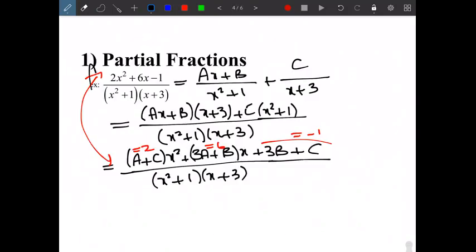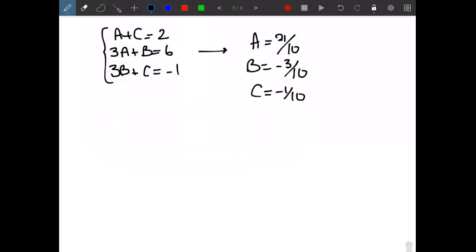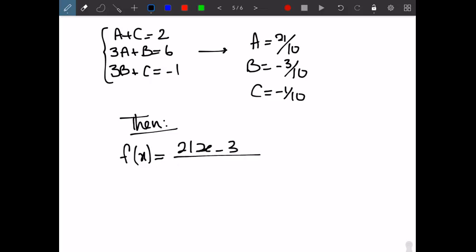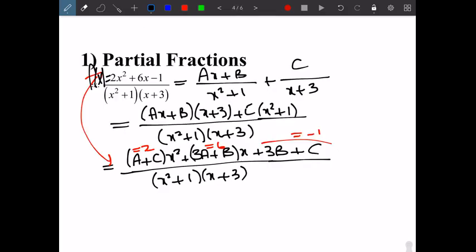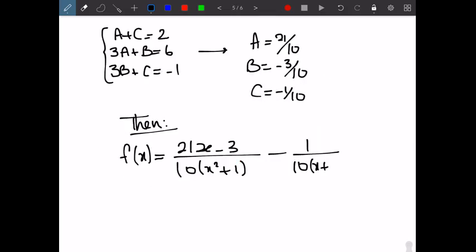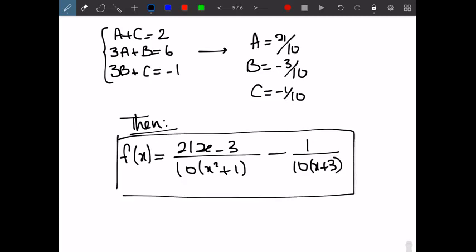Then if I were to call this expression f of x, f of x would be (21x minus 3) over 10 into x squared plus 1, minus 1 over 10 into what was the last factor, x plus 3. So these are the partial fractions corresponding to the given rational expression f of x.